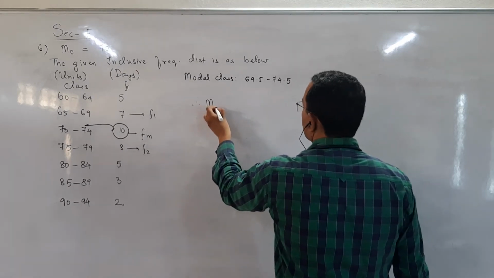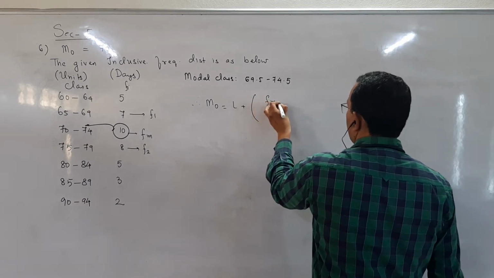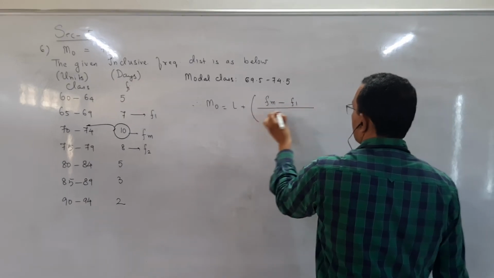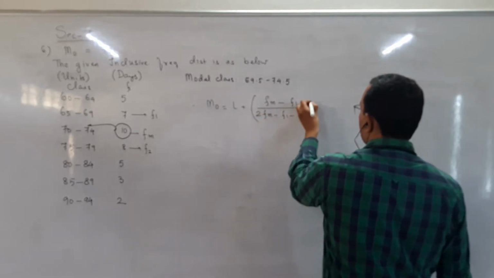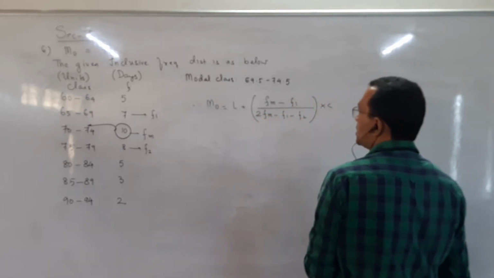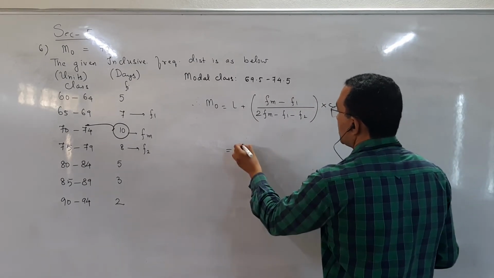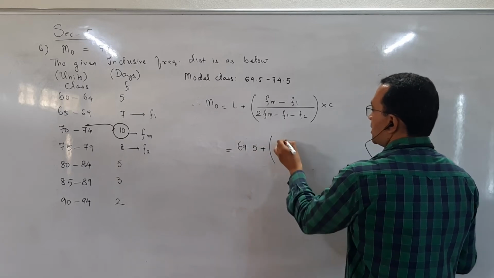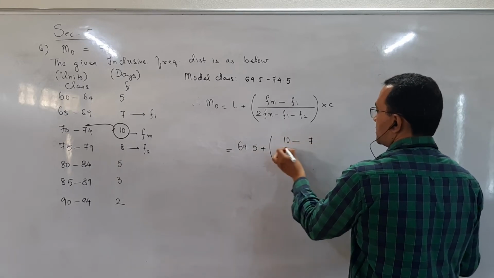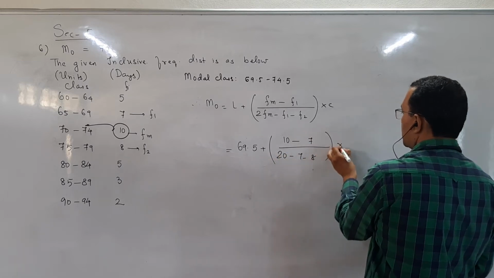So mode M0 is equal to L plus f0 minus f1 upon twice f0 minus f1 minus f2 into c. So L is the lower boundary point of modal class, 69.5. f0 is 10, f1 is 7, twice f0 is 20, minus 7, minus 8.